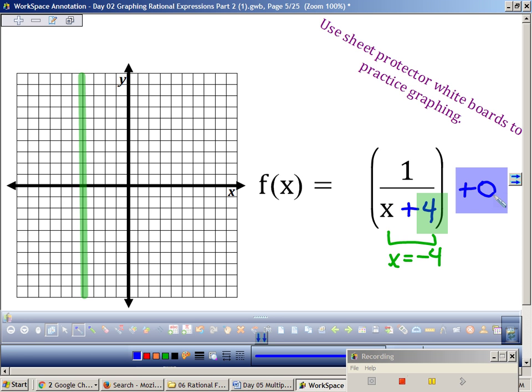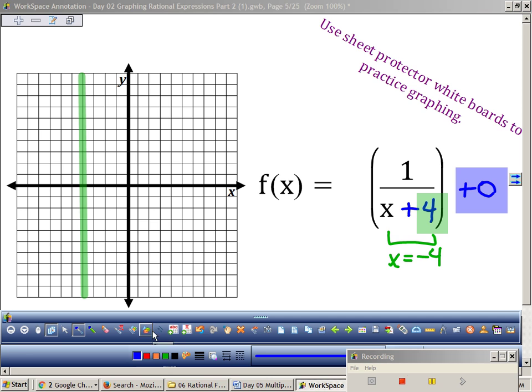So it's just y equals 0. There we go. Y equals 0. I like that blue. It's pretty. And then my scale factor is out here in front. It's 1. So I'm just going to go over 1, up 1, and over 1, down 1. And there's my graph.